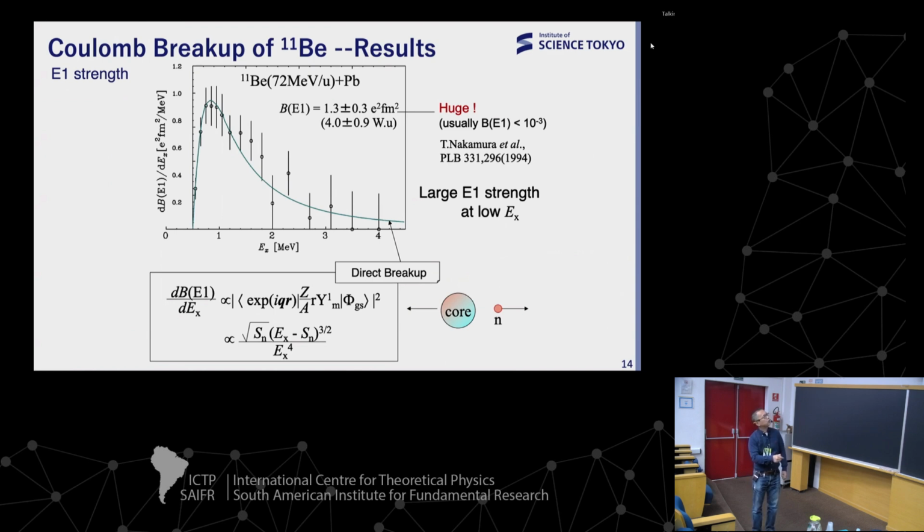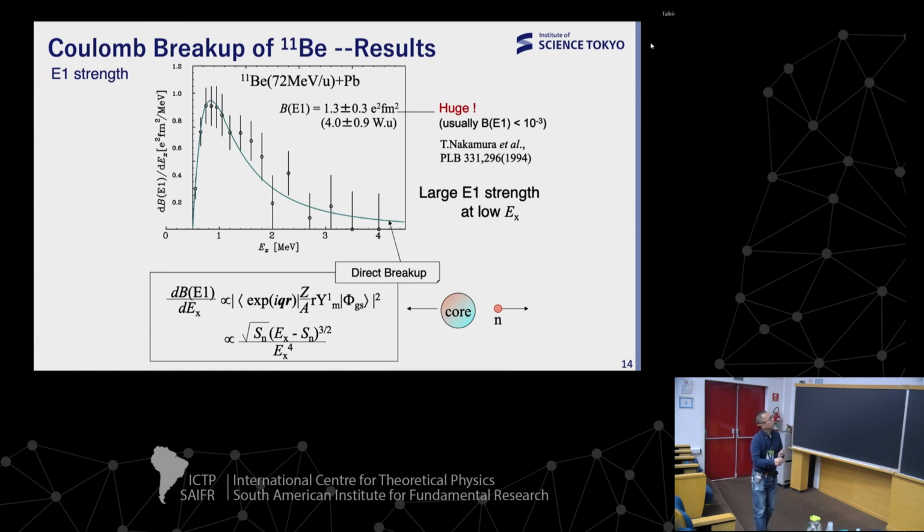It's about 4 Weisskopf units. Usually this energy region has only 10 to the minus 3 Weisskopf unit, even for stable nuclei. So this was rather unusual already. So we could actually show this soft E1 excitation occurring in beryllium-11.